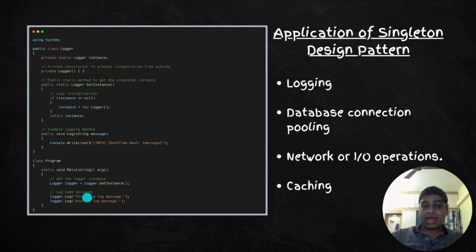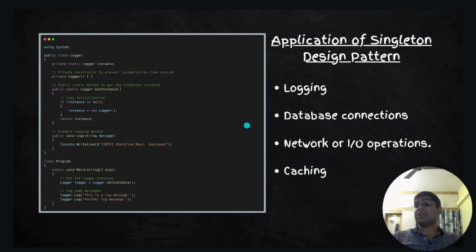And then you say logger.log, this is a log message, this is another log message, everything operated on the same instance. There are no two different instances at any given point in time. So this is a very simple implementation of the singleton design pattern, and the application is logging.